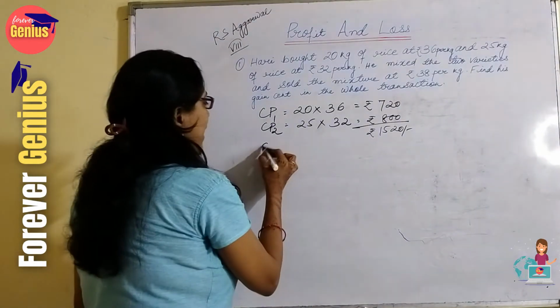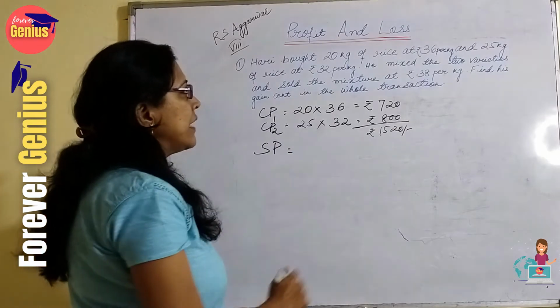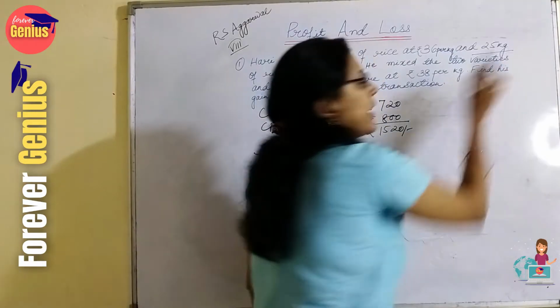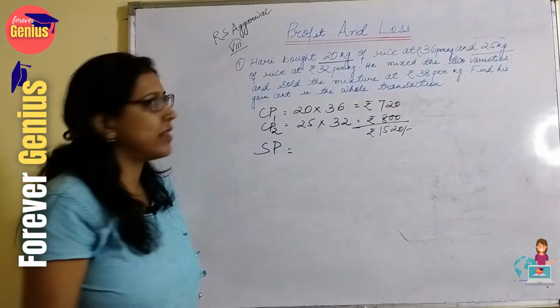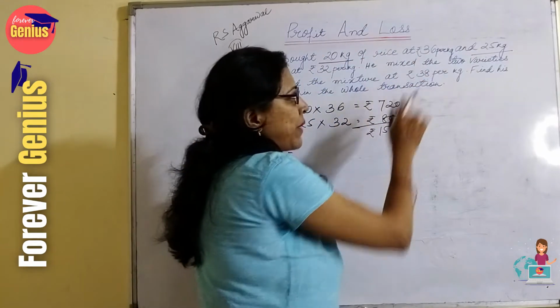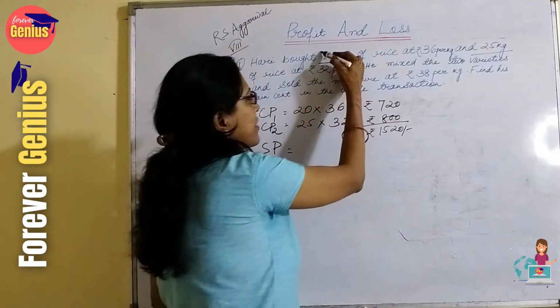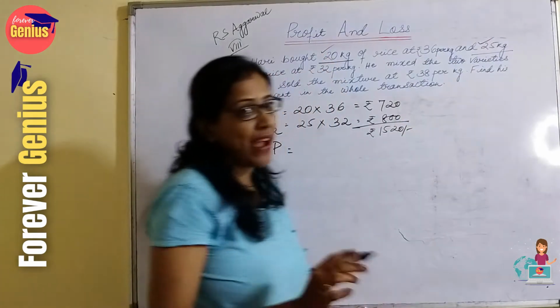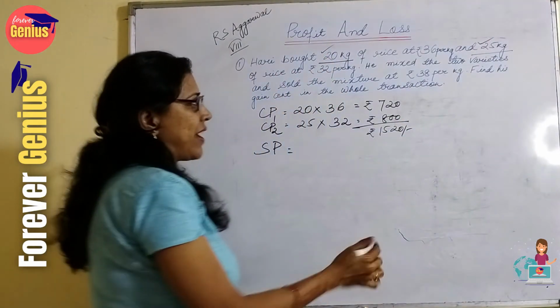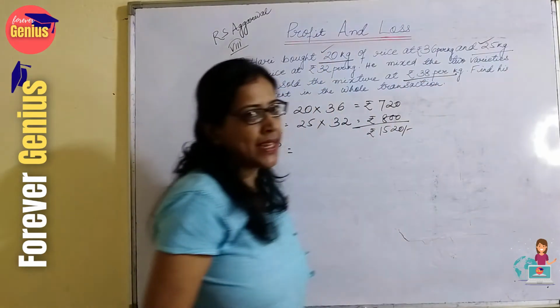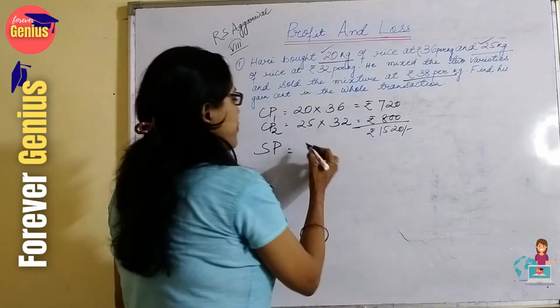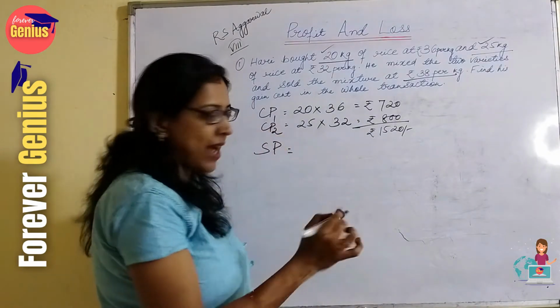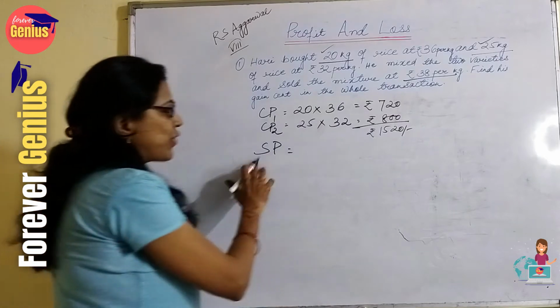Now, in order to find the selling price, what to do? See, here the quantity has been mentioned. So the quantity for the selling price is automatically assumed as 20 plus 25, which is 45, and the rate per kg is 38 rupees. So the selling price is only one, and we are not supposed to write anything else.